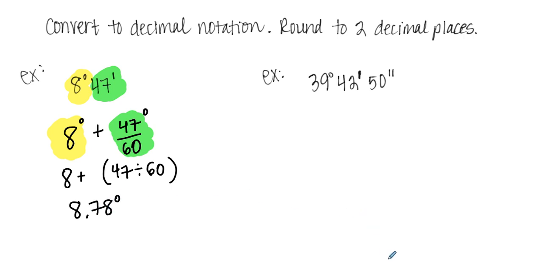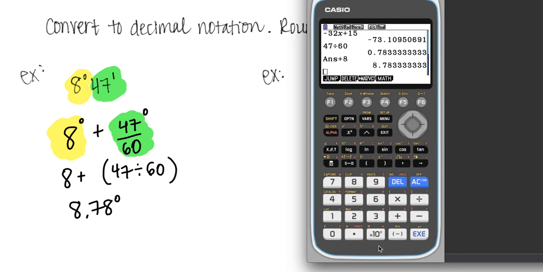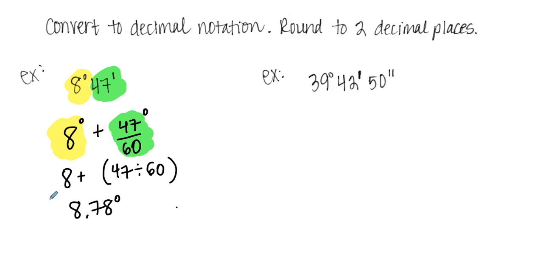We're going to round to the nearest hundredth, as it says, round to 2 decimal places. So 8.78 would remain because the next value is a 3. And 8 degrees, 47 minutes is approximately 8.78 degrees.